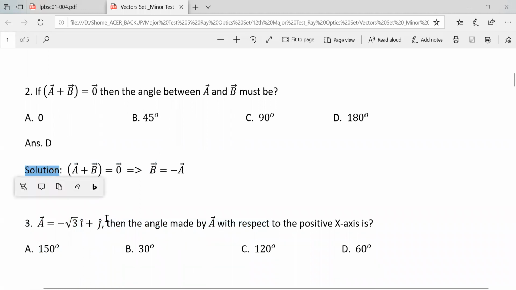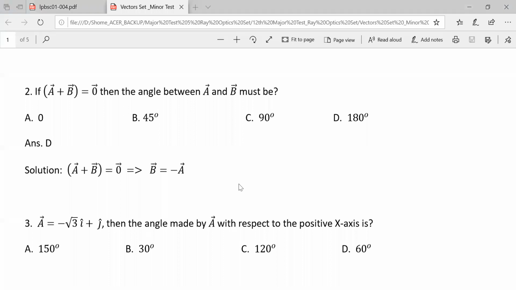If A plus B is 0, that means B is minus of A. So B is minus of A, meaning the angle between them will be 180 degrees. Okay. Or if you think geometrically, you can think like this, that if you're saying A plus B is 0, that means if this is the vector A, then the vector B should be like this.